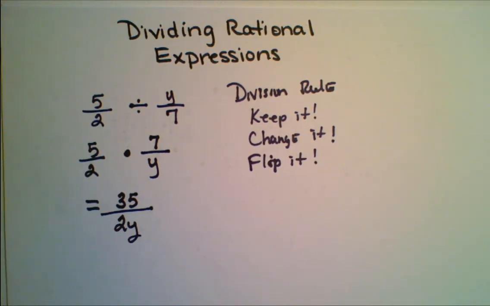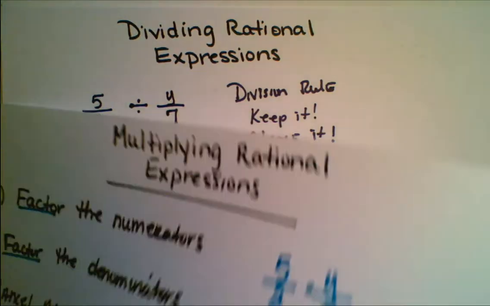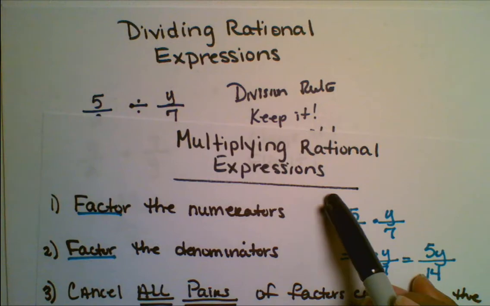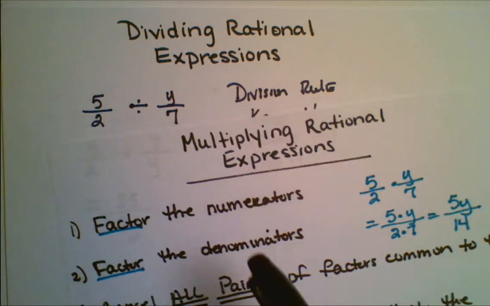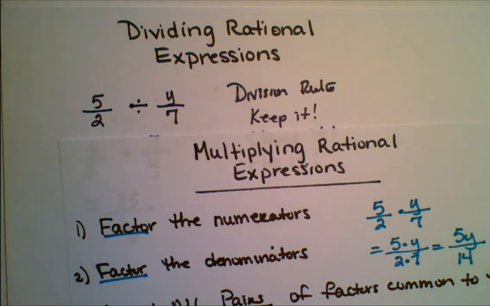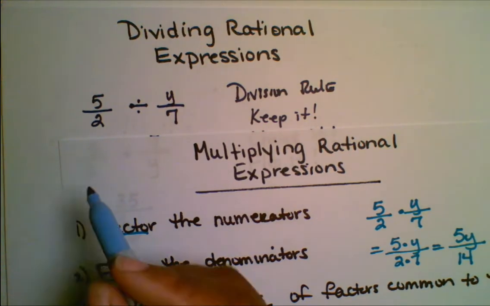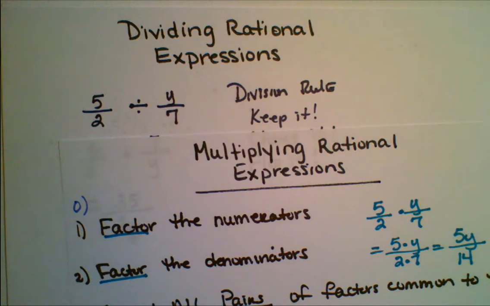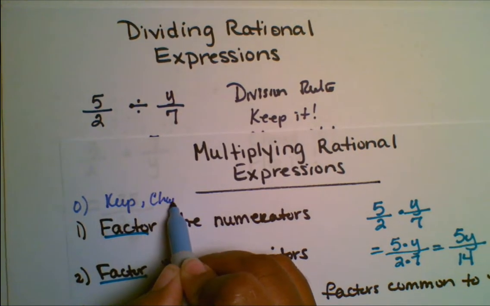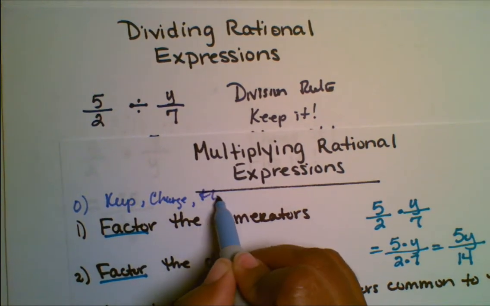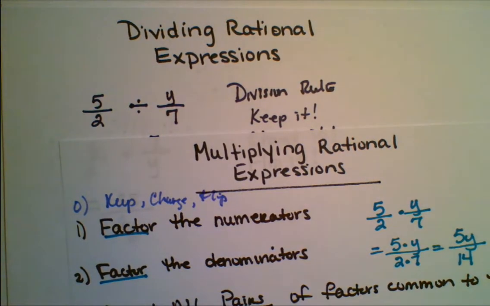So going back to when we talked about multiplying rational expressions, we're adding to these steps here. We have a step 0 now. Well, it's a such thing as a step 0, but that's where we do the keep it, change it, and flip it. And then we do the remaining parts of the multiplying.